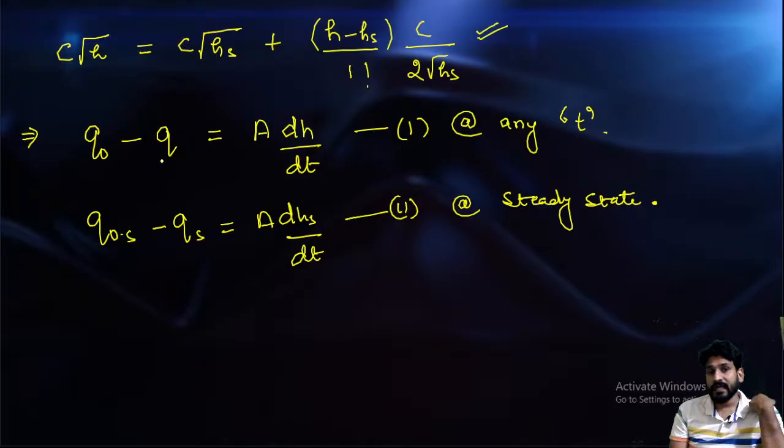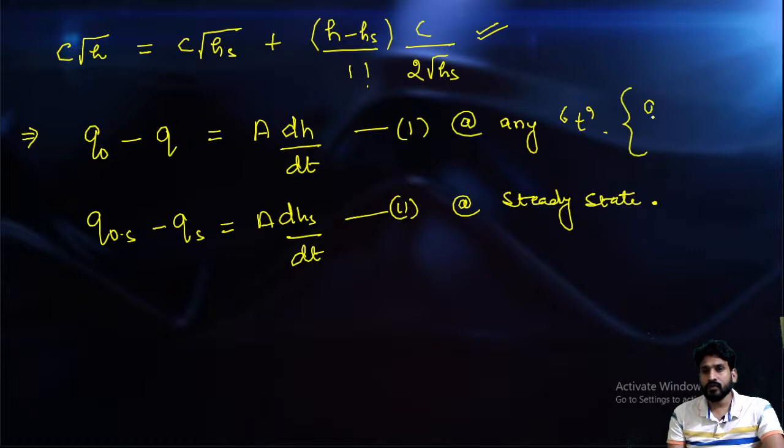Now I can put the Q value here. As we know, my Q is equal to c square root of H. I cannot put c square root of H directly, so write the c square root of H linearized value.